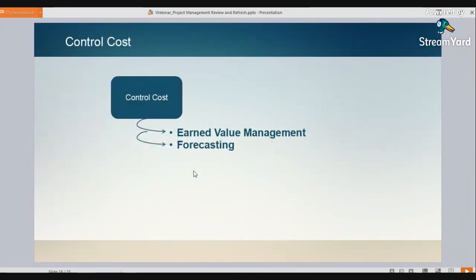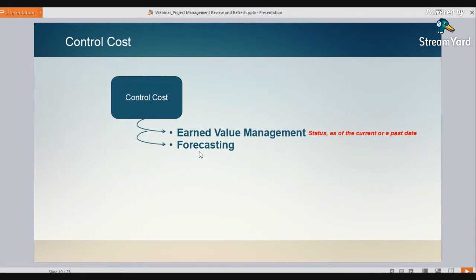So control cost. Controlling cost has two basic objectives. Earned value management is a status. It's as of the current date or a date slightly in the past of variances.